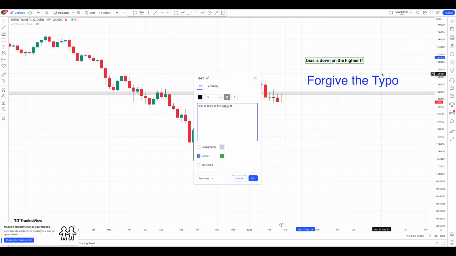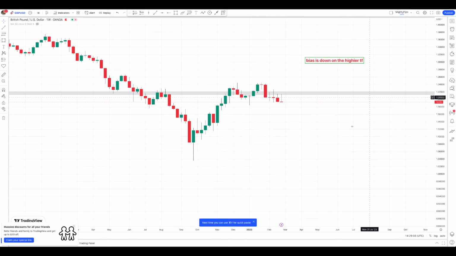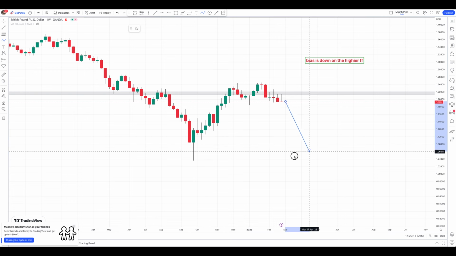So that's a down bias on the higher time frame. What we are looking for is a continuation down to this area here. So our bias is down.